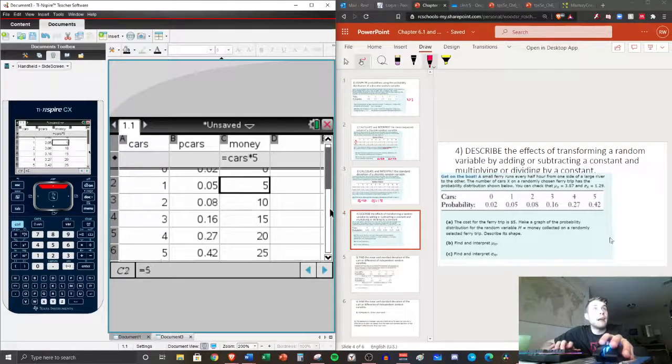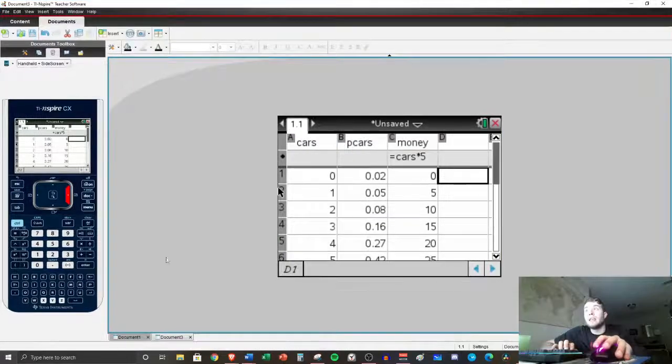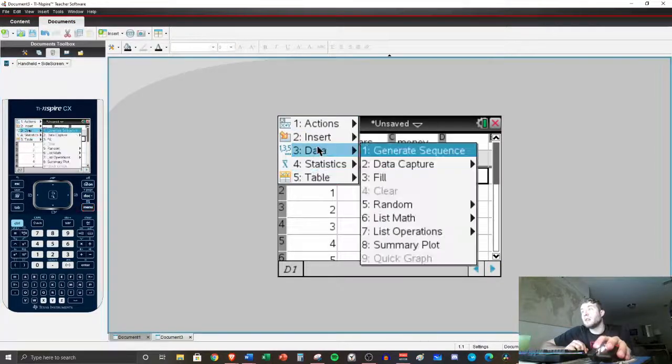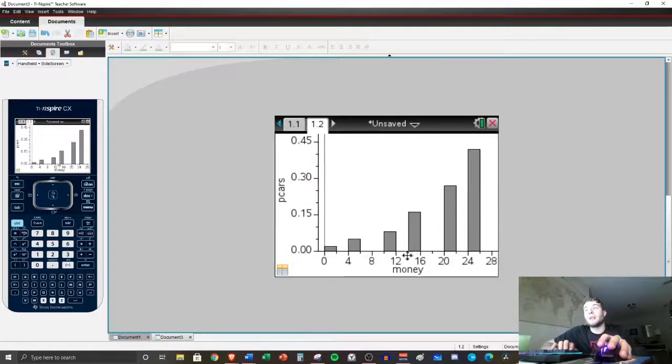Now, how do we graph that? Well, we're going to do the same thing we just did with the other graph, which is we're going to hit menu, data, summary plot. Cars is our X list, but actually we want the X list to be money. Probabilities are going to be the same, so we're going to hit OK. And this is somewhat what our histogram is looking like.